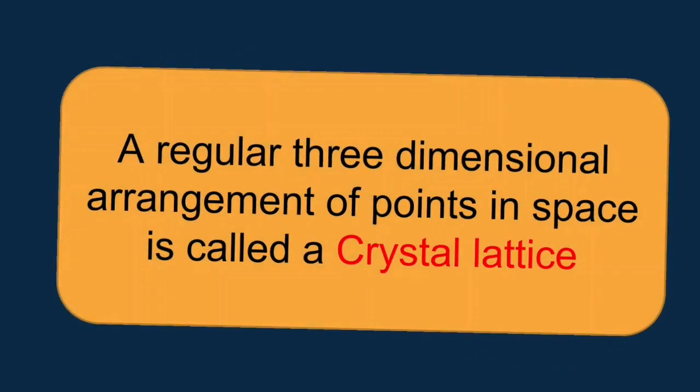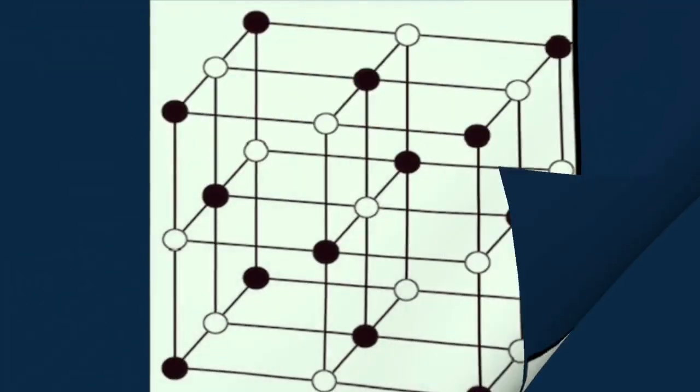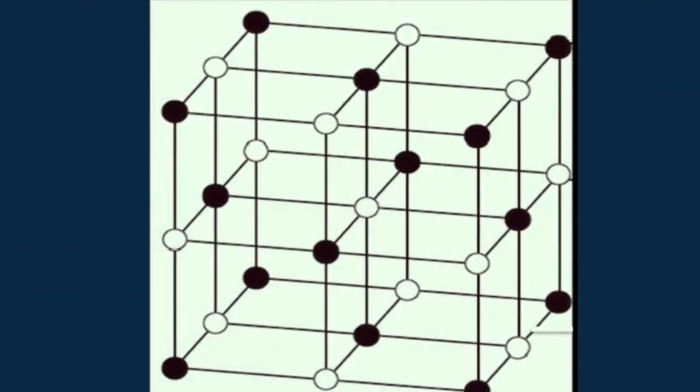Now we'll see the definition for that. A regular 3-dimensional arrangement of points in space is called a crystal lattice. So in a crystal lattice, you have to remember that it is a 3D arrangement, but the constituent particles are depicted as points, not as particles, just like you can see here. This is the crystal lattice.